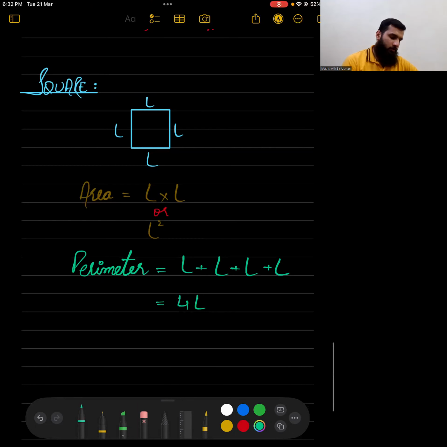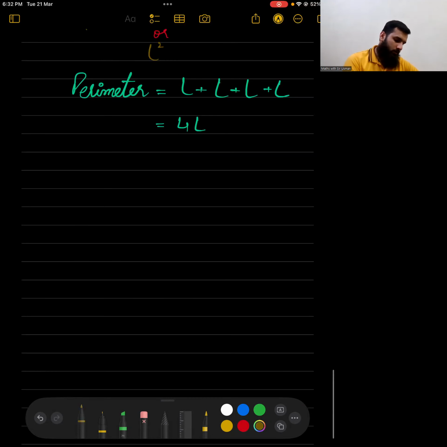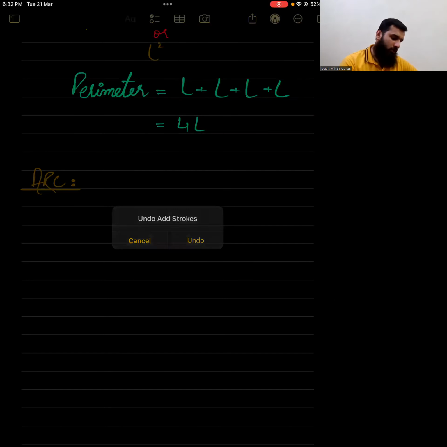Now moving forward onto the next shape, which is arc. Now all of you need to give a lot of concentration on this क्योंकि ये paper 1 में बहुत ज़्यादा assess होता है. The examiner has a very fondness of this particular shape over here, which is an arc, and it is actually a part of the circle.